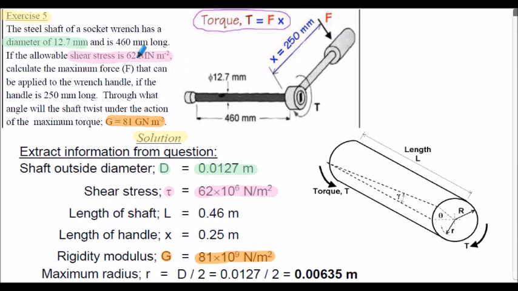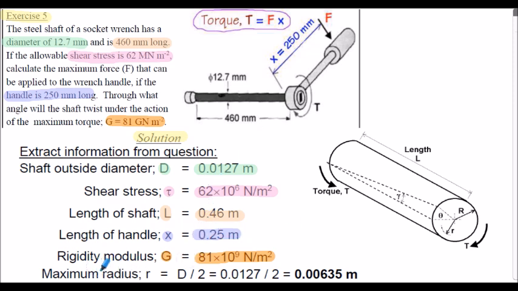The length of the shaft, for our analysis purposes, is 460 millimeters, so L is 0.46 meters. And the length of the wrench handle is 250 millimeters, and again, that dimension X in our diagram is 0.25 meters in our calculations.